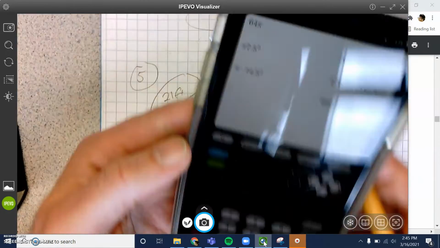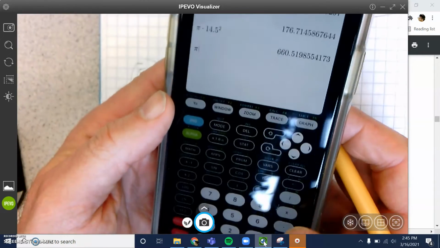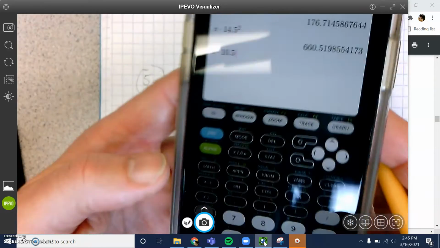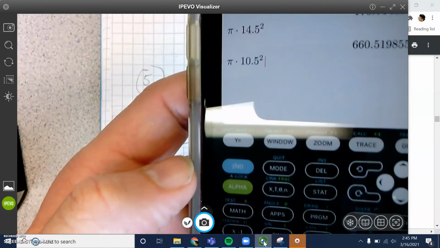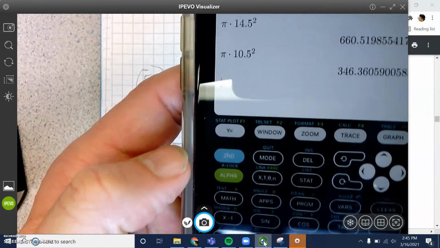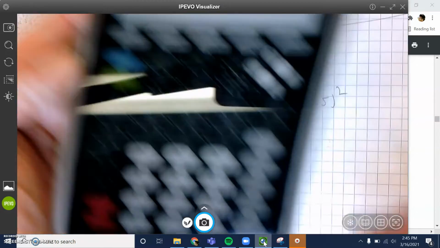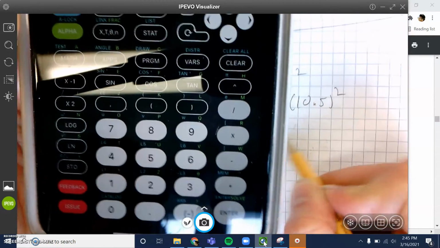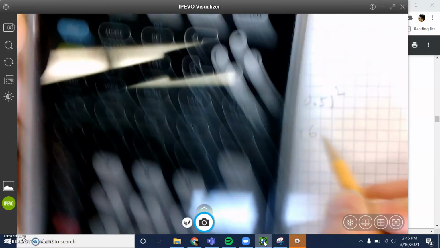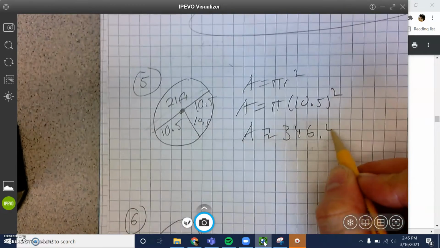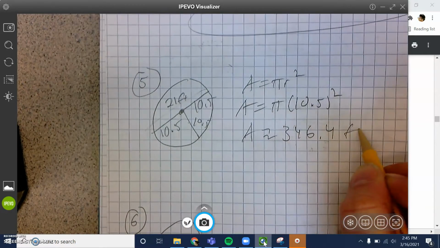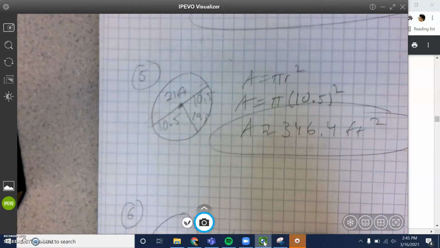So I got pi times 10.5 squared, or 10.5 times 10.5 you can do. 346.4. Area is approximately 346.4 feet squared. There you go.